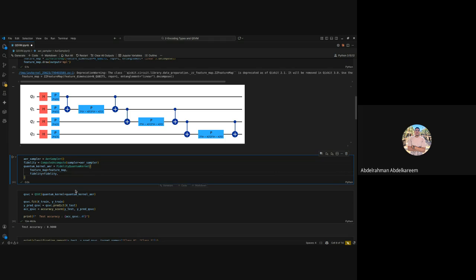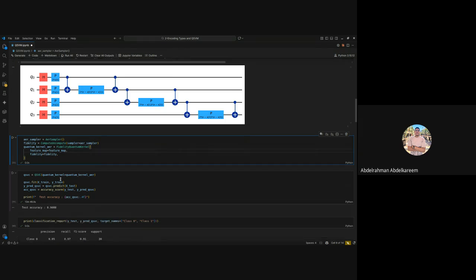So we tell the quantum kernel that this is the encoding type and this is the method that we will be using, and for compute-uncompute the argument is the sampler, the Aer sampler, so it's a shots-based circuit. Okay, then we initialize the QSVC with the quantum kernel that we have just initialized.